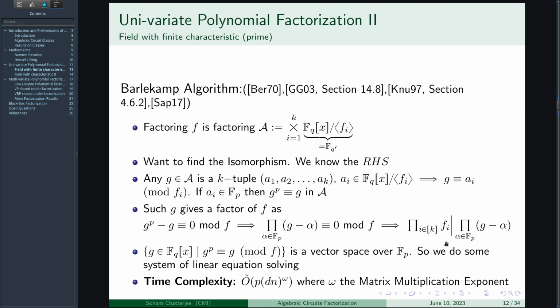The time complexity of this whole thing is O tilde of p times d n to the power omega. This omega is the matrix multiplication exponent, which we get from the smallest exponent of complexity in multiplying two matrices. That's where the omega is coming from.